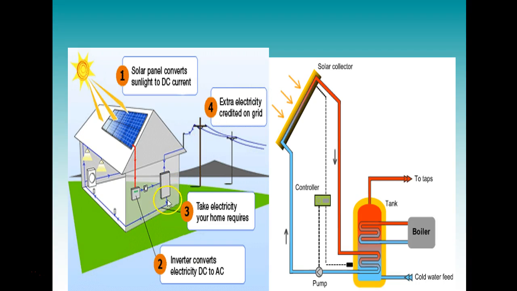So the electricity that is needed, the home takes in, and the rest is sent off and basically credited back, which is how a lot of houses and buildings make money off of solar panels, is that they use what they need to, and anything they don't use, they more or less sell back to the power companies in the form of credits on their bills.